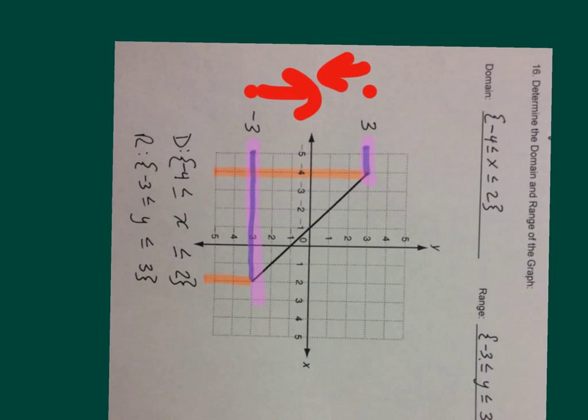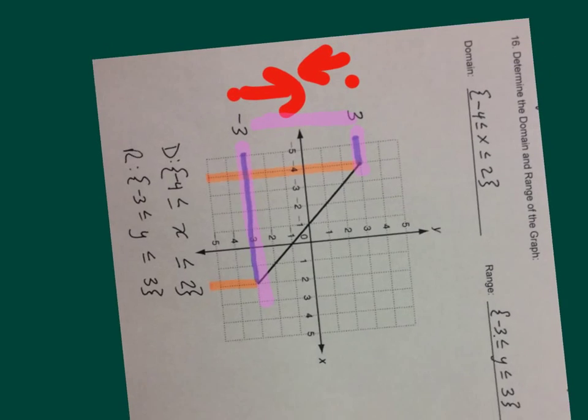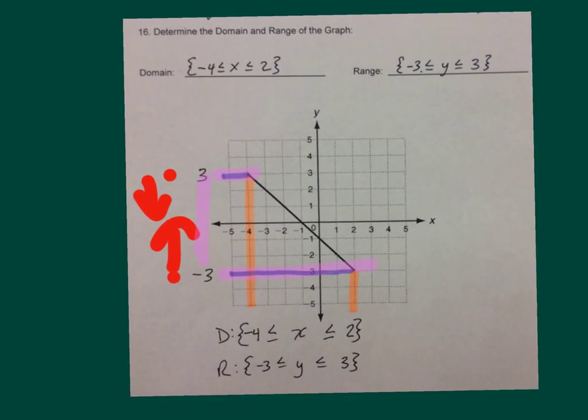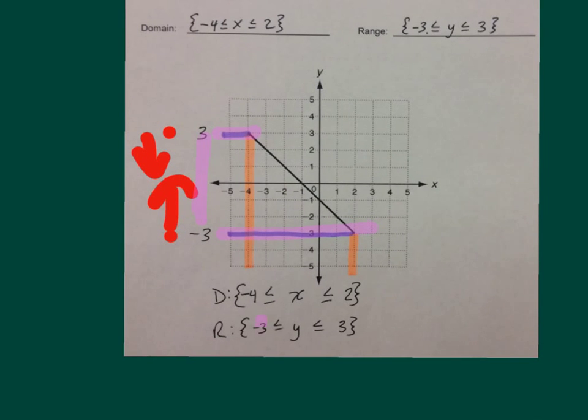Notice it's just like the domain. I want to know the distance between these, and that's what I did. So I wrote it down here. -3 is my lowest, +3 is my highest, and the y's are between. So it has to be y's that are greater than or equal to the -3, but less than or equal to the +3. And that's why that's my range.